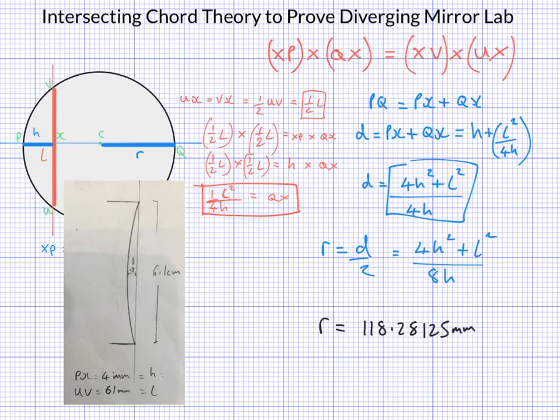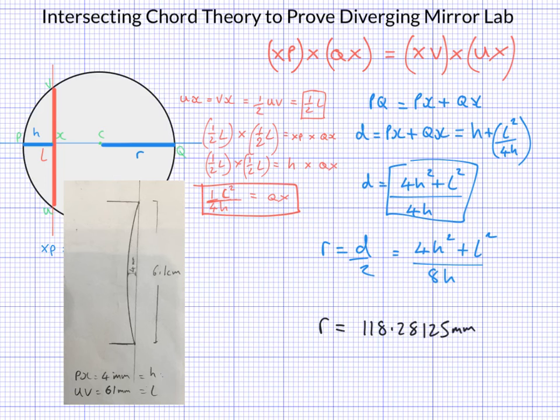Now I've only really used one decimal place here in my measurement, because 4 millimeters is all I got. So really I should be only going down to one significant digit, but I'll leave it at that for now, just for fun, because we're just trying to prove this based on our lab data from before. Okay, that's the radius.